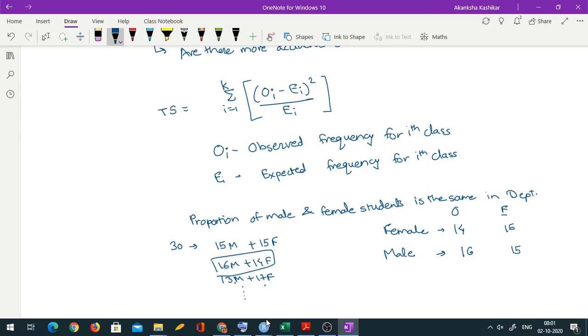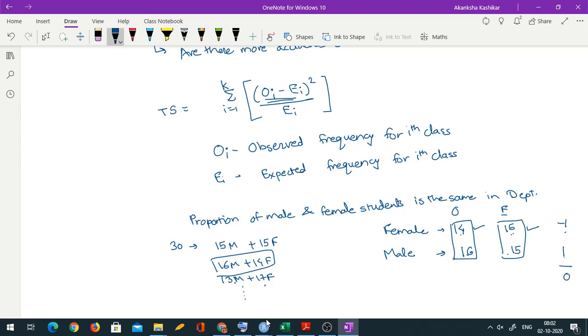Okay, so when would we say that this is more or less acceptable? If the difference between observed and expected is not too high, right? So that's what we compute here: observed minus expected for each. So here 14 minus 15 becomes -1, 16 minus 15 becomes +1. Now the problem is, if I simply add these deviations, I'll get -1 + 1, which is 0.